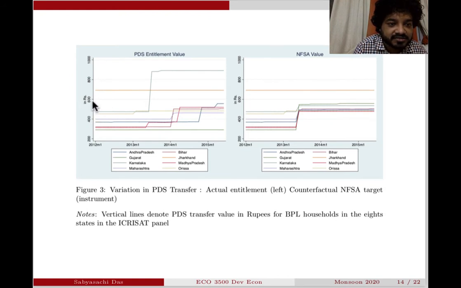So this is 600 rupees, say, per month, and that's the aggregate entitlement T that is changing for different states at different points in time. That's the actual one. If it followed the NFSA rule perfectly, then they all would have gone up and remained there. Notice there is variation in the post NFSA values.